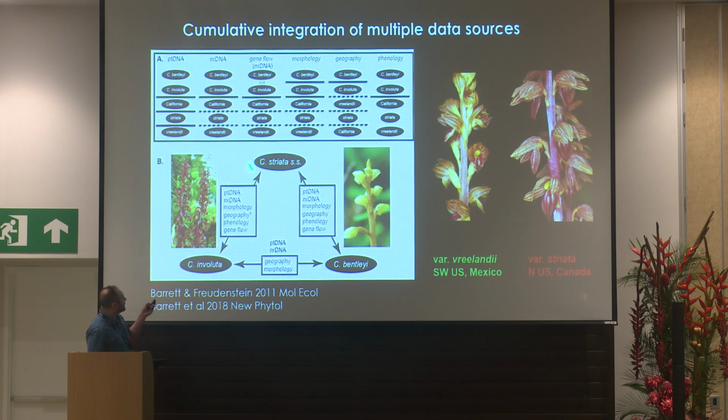But then we have this Corallorhiza striata sensu stricto thing that we're going to focus on for the rest of this talk. There are currently 2 described varieties, variety vreelandii in the southwestern US and Mexico, and variety striata in the northern US and into Canada. And John was really talking about the variety on the right with the large showy flowers.